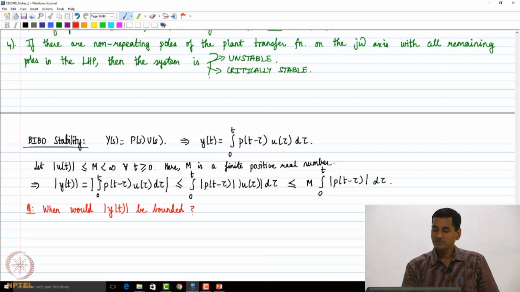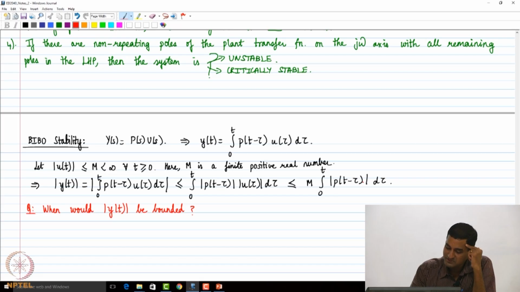The magnitude of y of t is bounded by this integral, m times the integral from 0 to t of the magnitude of p of t minus tau, d tau. Now suppose this integral is bounded. Certainly the magnitude of y of t is bounded. Don't you agree? Because the magnitude of y of t is less than or equal to m times that integral.